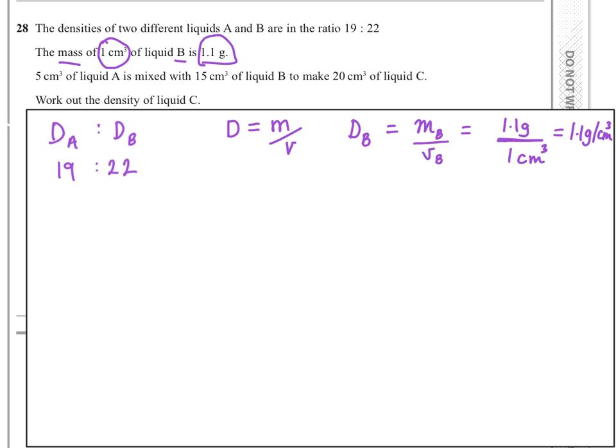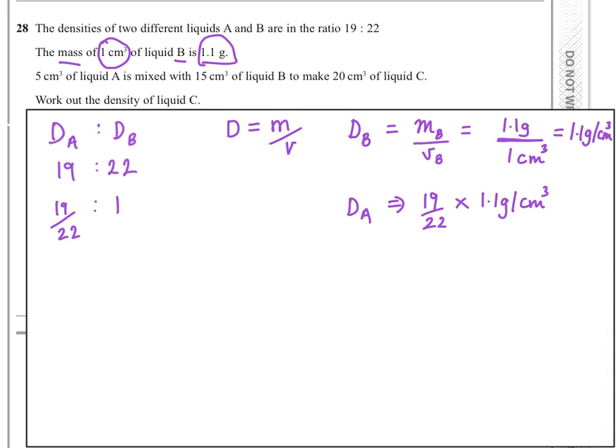Now let's get back to this ratio. Let's make this a unitary ratio by dividing both sides by 22. So we get 1 for the density of B would be 19/22 as much for the density of A. So can we use that to help us? Well, yes we can, because the density of A will be then 19/22 of the density of B, which is 1.1 grams per centimetre cube.